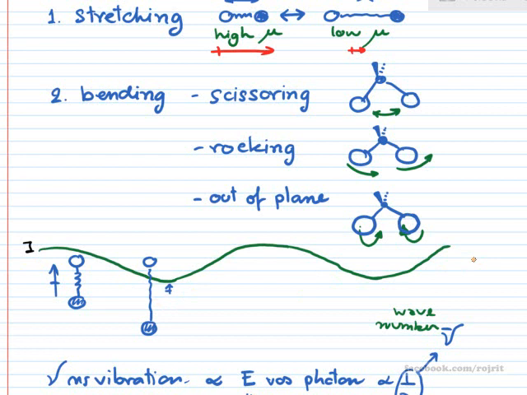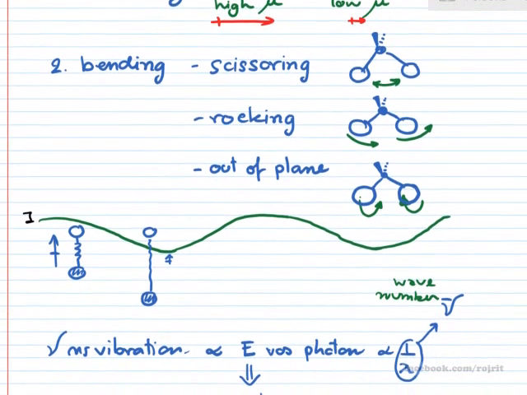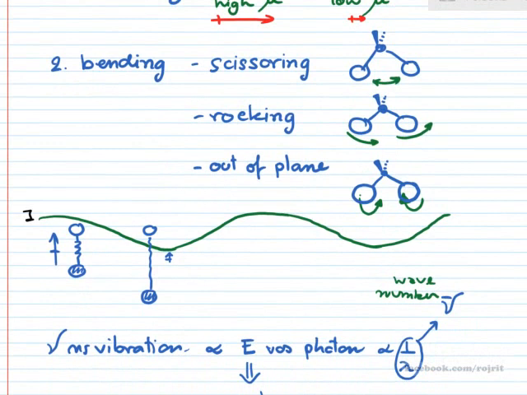If this stretching frequency resonates with the changing electric field of the IR, so if it's synchronized, that means the IR can then excite the vibration mode of the chemical bonding to a higher energy state. Okay, so this is how the IR interacts with your compound.